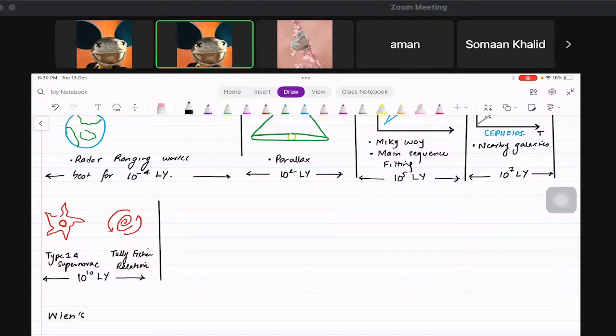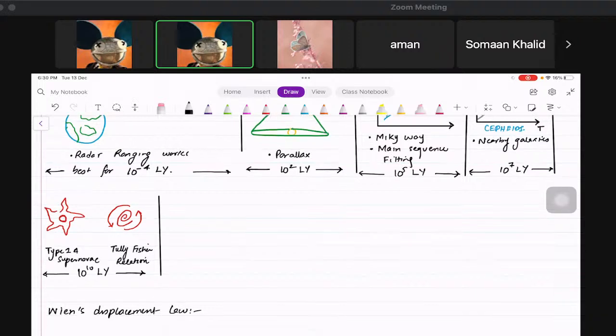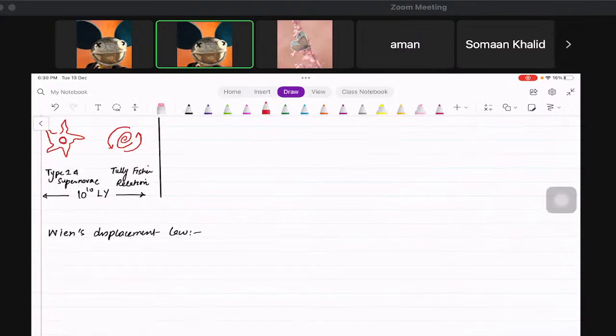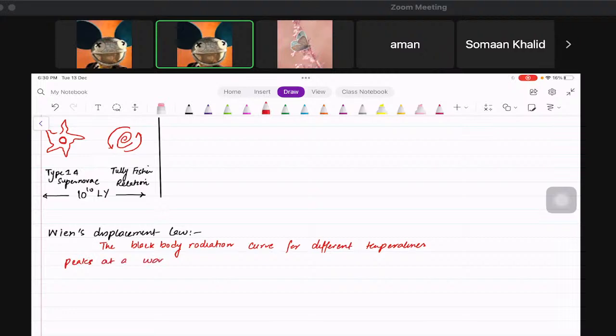Wien's displacement law basically states that the black body radiation curve for different temperatures peaks at a wavelength which is inversely proportional to the temperature.